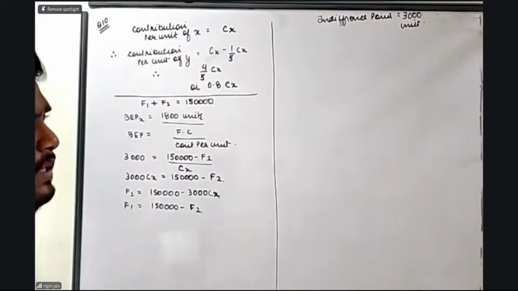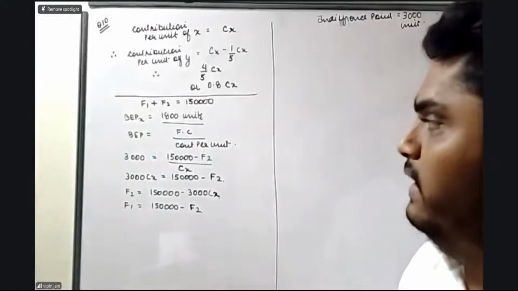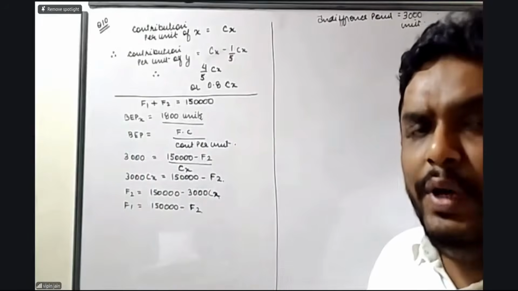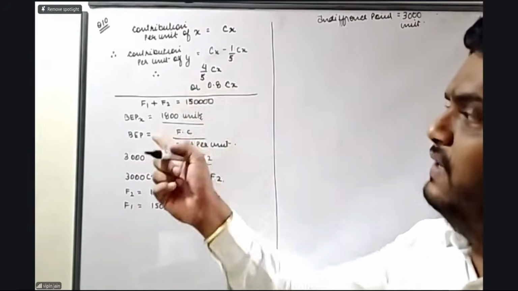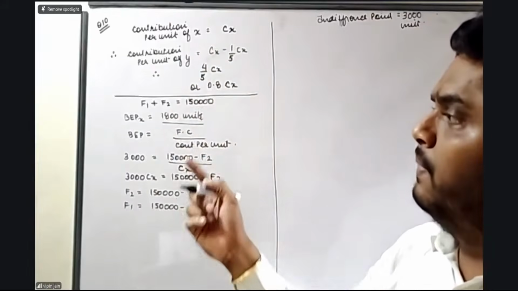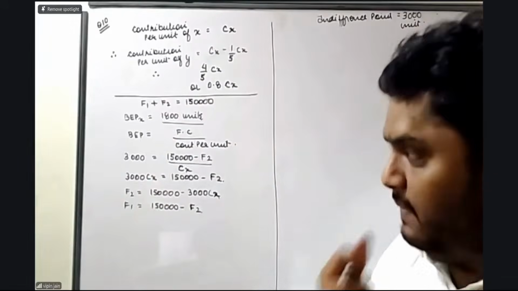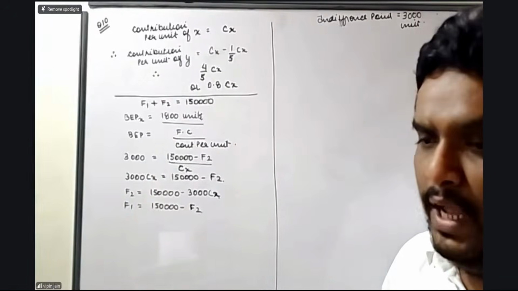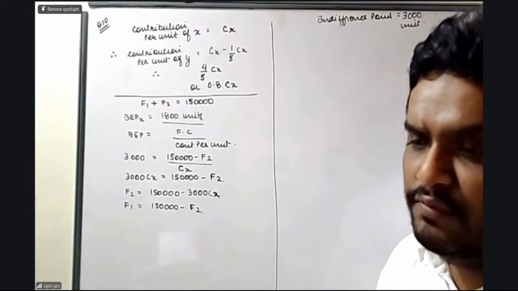So now at least try to attempt half of the question, which I've already solved. It's a hint now that we have contribution of X, contribution of Y, fixed cost of X and fixed cost of Y. Prepare an equation and try to solve this question.